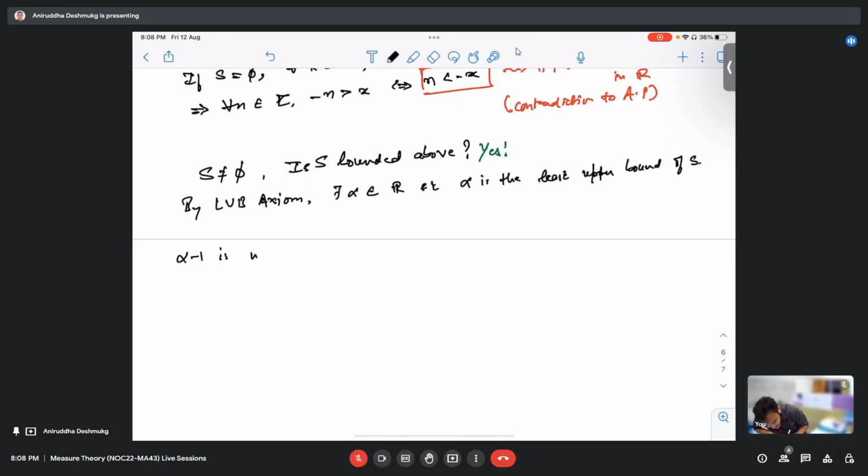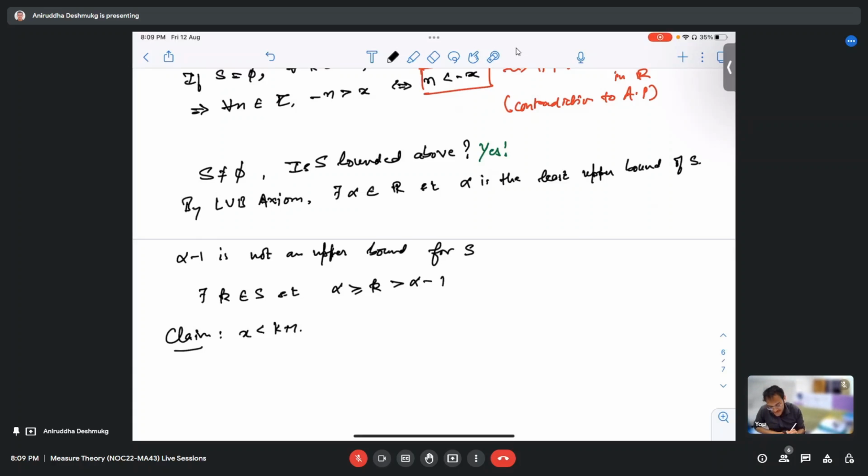Alpha minus 1 is not an upper bound for S. And since it is not an upper bound for S, it means there is some k in S such that alpha is bigger than or equal to k and k is strictly bigger than alpha minus 1. And now we claim that x is less than k plus 1.